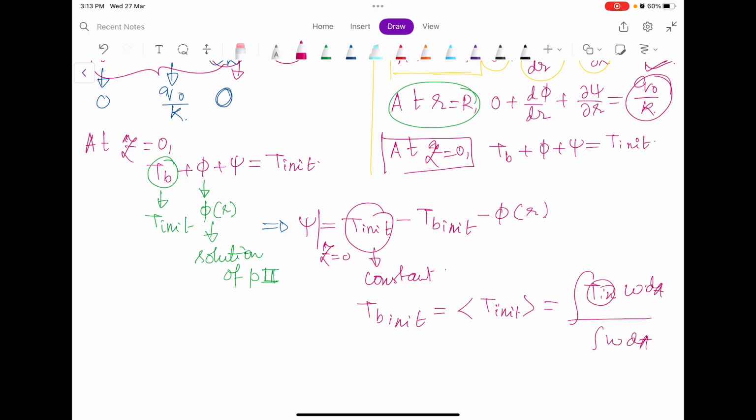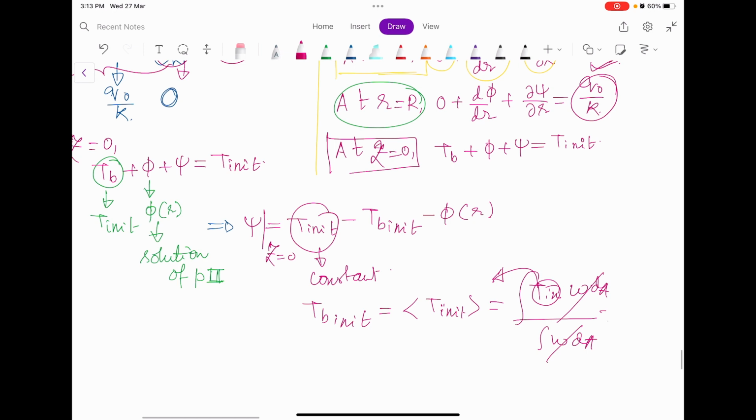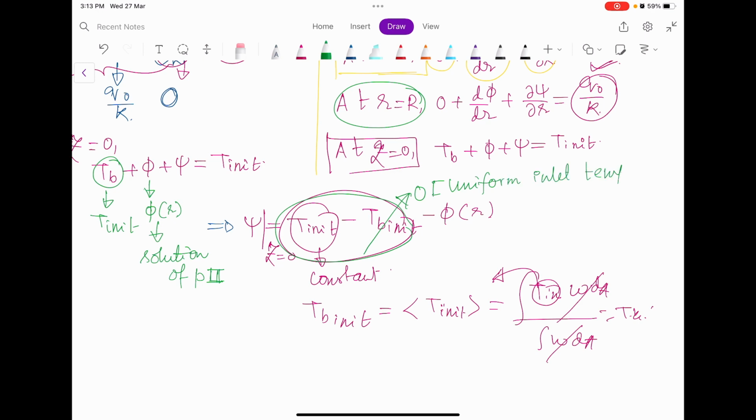This T init being a constant will come out of the integral, so it will be integral W dA by integral W dA, and that will cancel out and be equal to T init. So you see, for a uniform temperature profile, TB init equals T init. So this boils down to 0 for uniform inlet temperature.